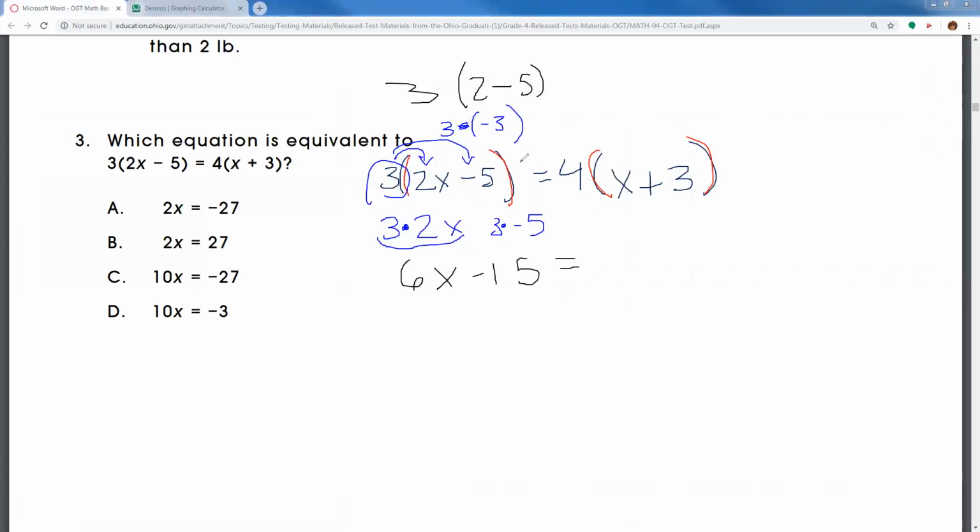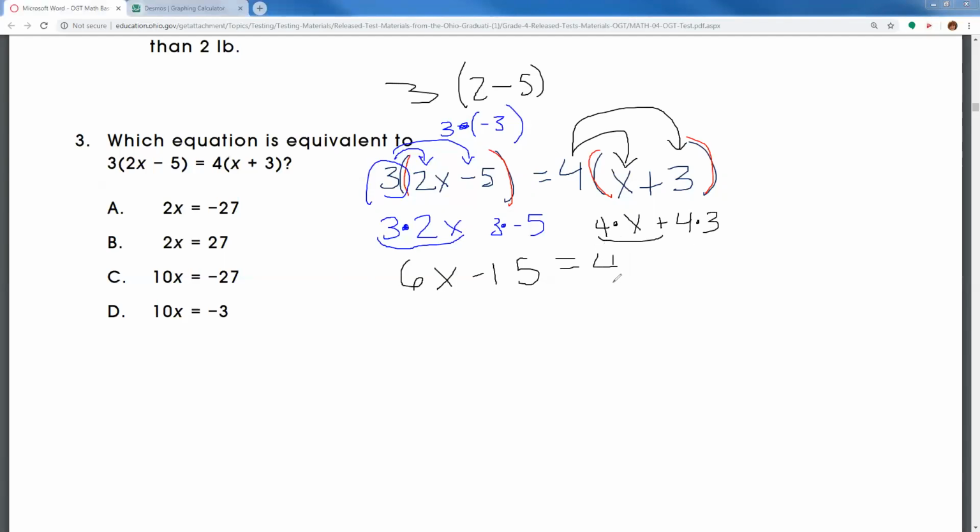So then we have to do the same thing on the other side. The other side also has parentheses. So we have to do the front number times the x, and then the front number again times the 3. So what do we get when we multiply the 4 times the x? Will we get 4x?